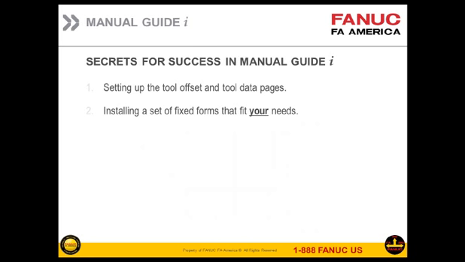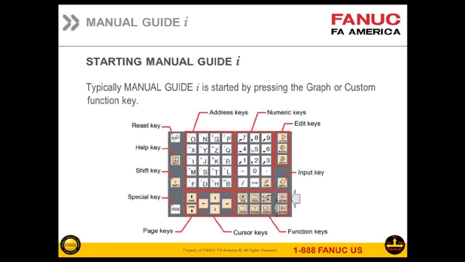Now, to actually start Manual Guide I, all builders sort of do this differently. There's a vast array of selections, what button we push to start Manual Guide I. On most of the machines I've done training on, most of them use either the graph function key or the custom function key to actually access Manual Guide I. And what we're showing here is an MDI panel from a mill, and then the next one is an MDI panel from a Fanuc 0i-TF control for a lathe, and it's got arrows pointing to the spot.